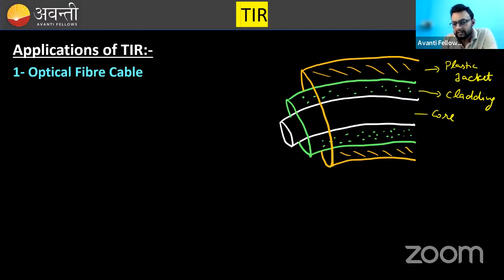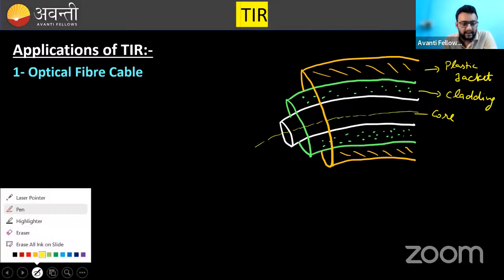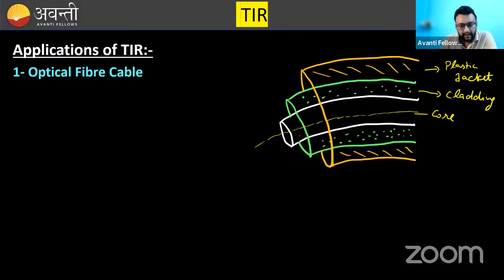Out of which the core is made of transparent glass and the cladding is also made of some transparent medium. Two things are clear: both core and cladding are transparent. However, the plastic jacket is non-transparent. Now what happens? Let's suppose this is the axis of the cable. When light enters the glass like this, it bends towards the normal.